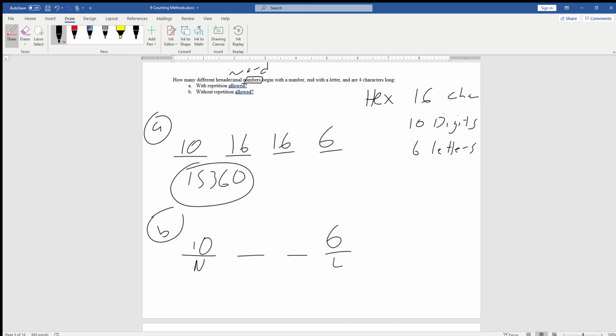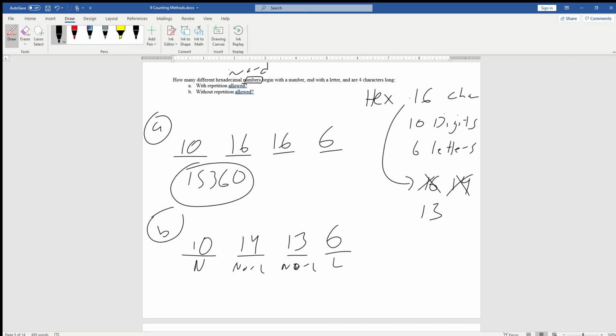Now we've taken the 16 and taken 2 away, so there are 14 characters left. It doesn't matter what's in the middle; it could be a number or a letter. So there are 14 possibilities. Whatever we've picked, we don't know if it's a number or letter, but we've picked one, and now there are only 13 possibilities.